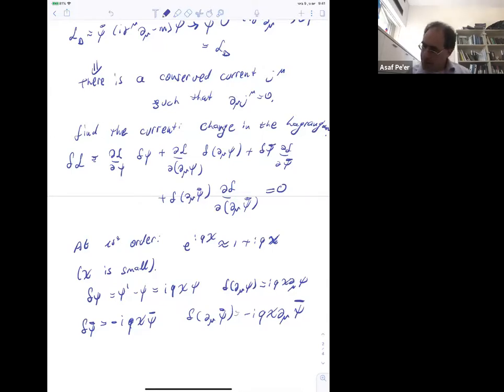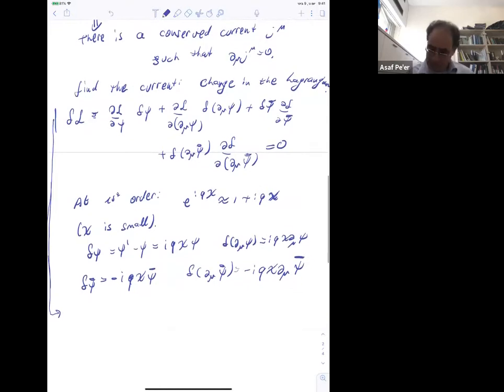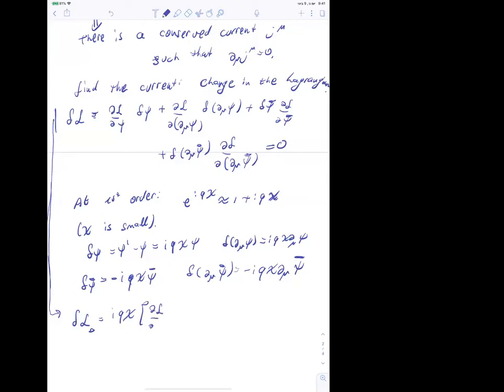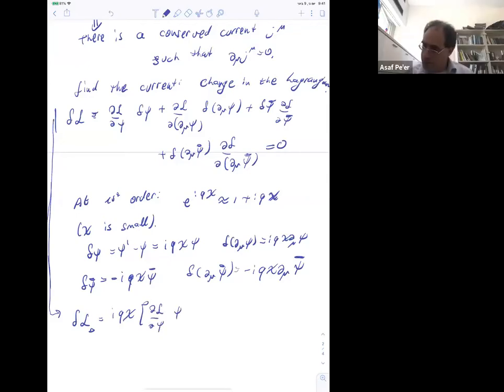So take this result and use it in the change in the Lagrangian here. The change in the Lagrangian, if you want, we can write as i q chi, and then we have dL over d psi times psi, that's the first term.